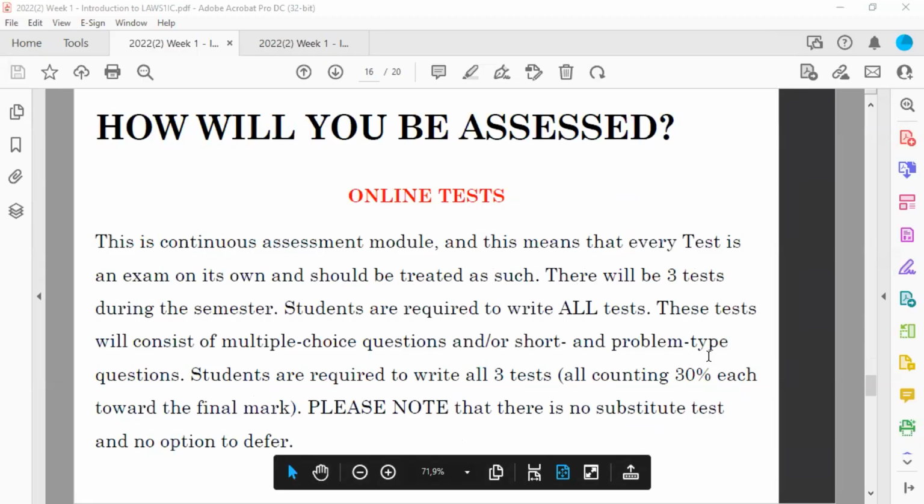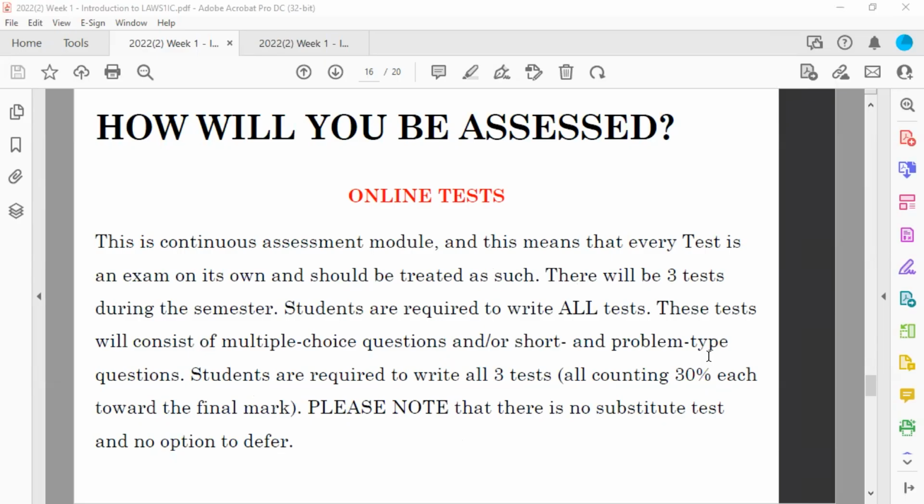There will be 3 online tests, and each one of those tests counts 30 marks. So it's 30%, 30%, 30%, right? And the tests are made up of MCQs and short answer questions. So it might be 50 marks MCQs, 50 marks short answer, or 20 marks MCQs and 10 marks short answer.